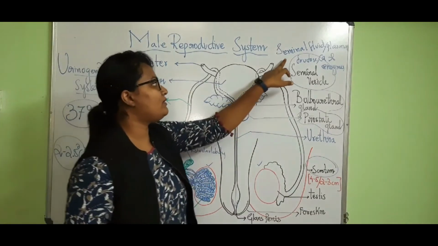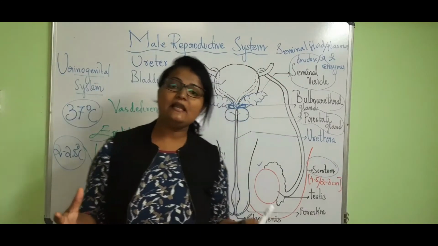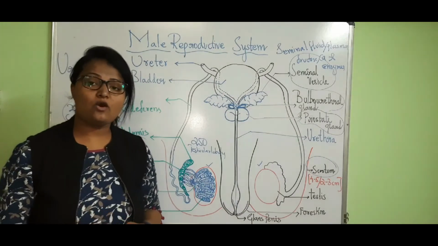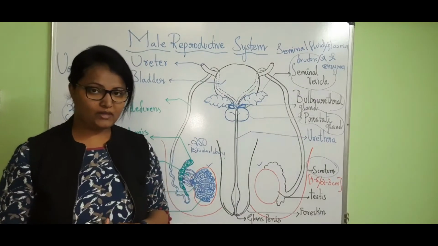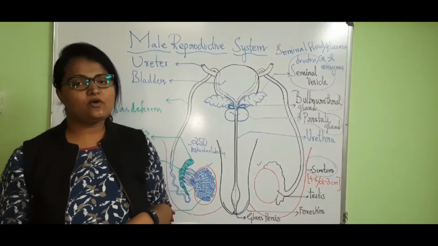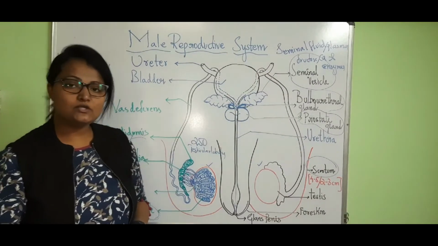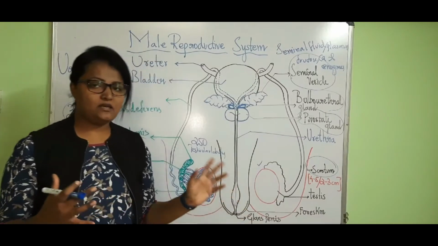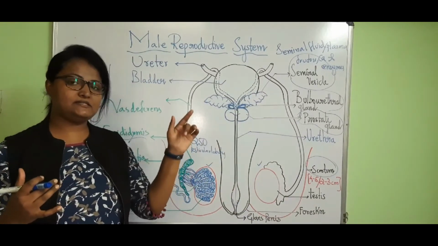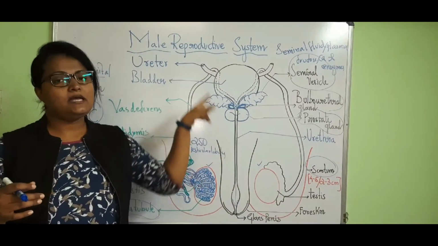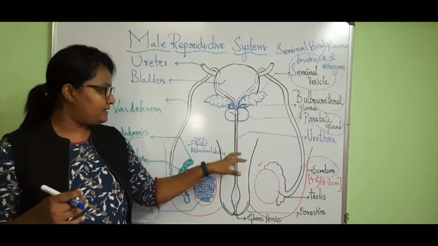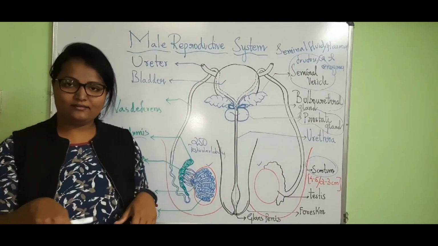That fluid we call seminal fluid or seminal plasma, or it is also called semen, which in turn consists of the male gamete. Understood?